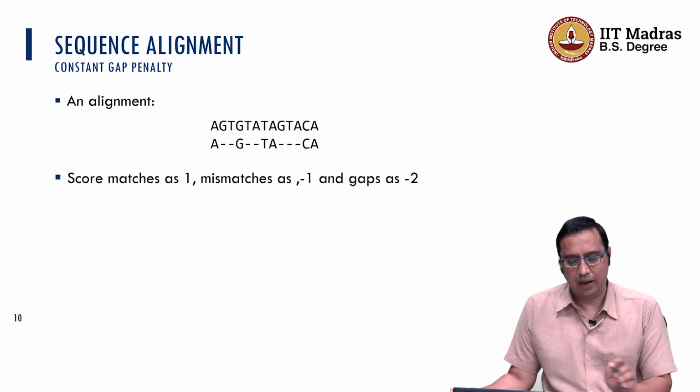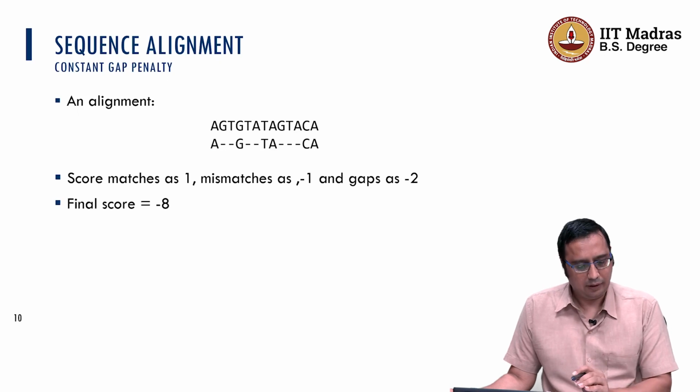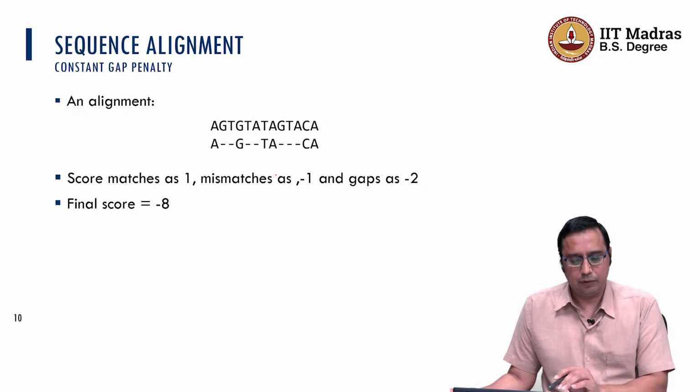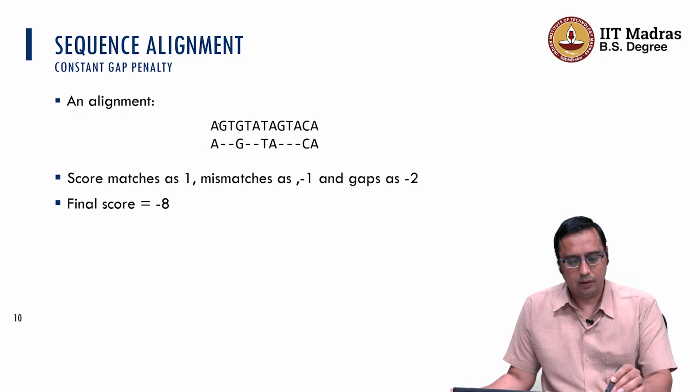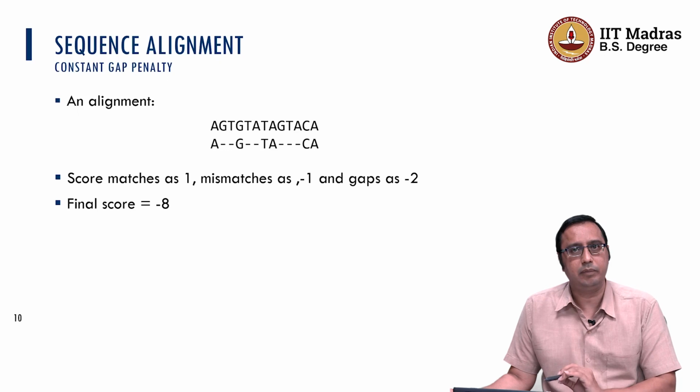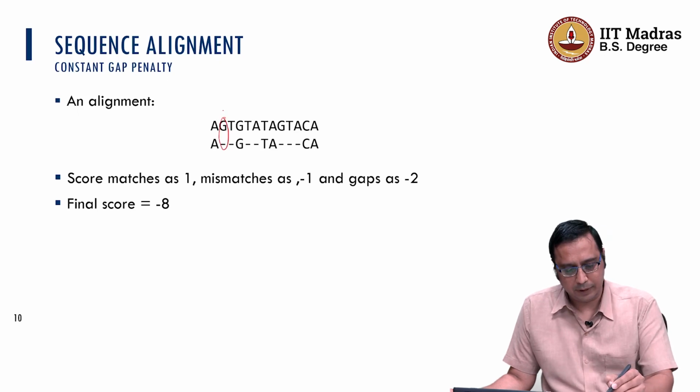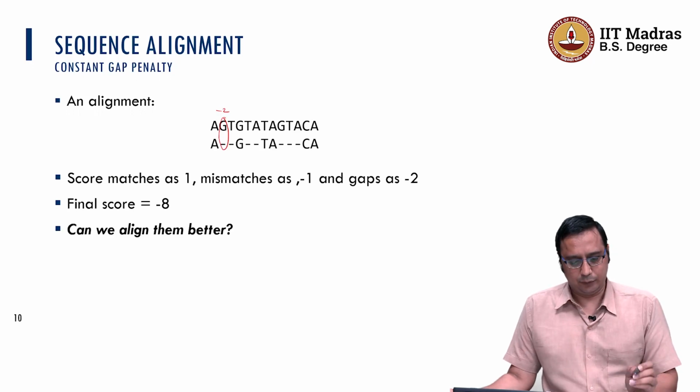I have matches and the gaps. And if I count the score here, it will become minus 8. Okay. So you can just do the summation and count the score like we did last time. Give each match a 1, minus 1 if it is a mismatch, and gap minus 2.